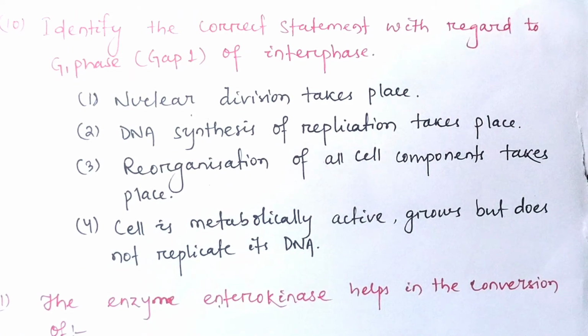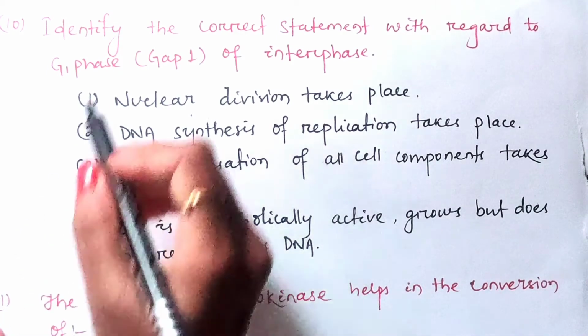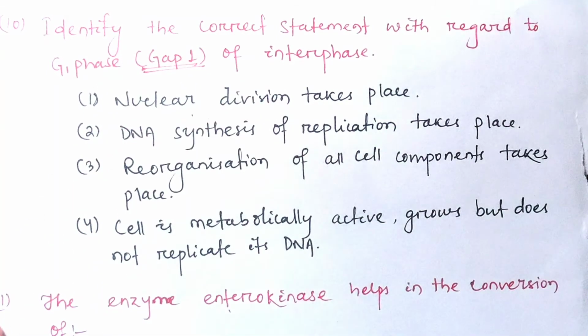Then question number 10. Identify the correct statement with regard to G1 phase of interphase. G1 phase is also known as gap 1 phase. In gap 1 phase, the cell prepares itself for the replication or synthesis process of the cell cycle.